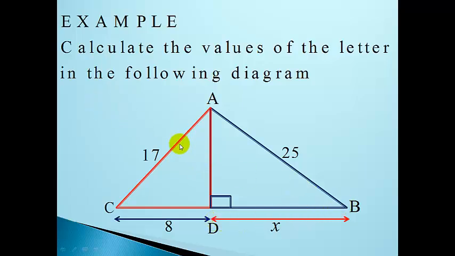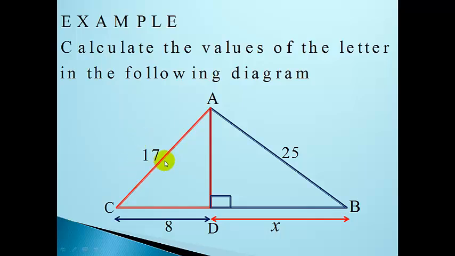Now, when you consider the first right angle triangle, ADC, you can see that we are given two sides, that is 17 and 8, and therefore we can find the side AD. Because we have our 90 degrees angle here, we can see that the side AC is the longest side of the right angle triangle ADC.